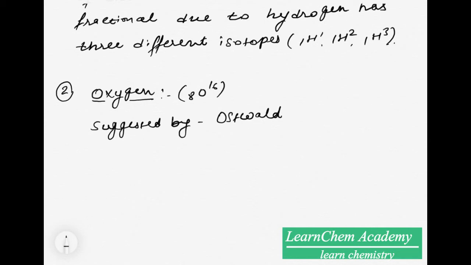Why did we use it? Because it is suitable for most elements, but it is not suitable for the rest of the elements. That's why we discontinued oxygen as a reference element.